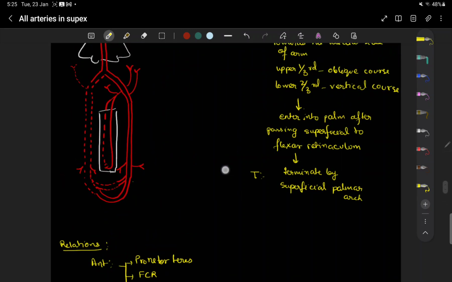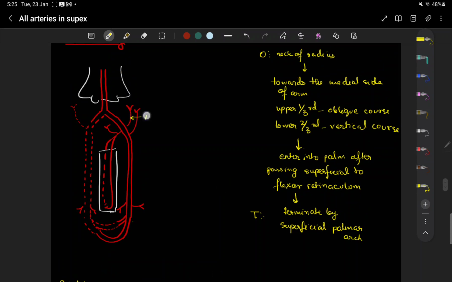Okay. Next we'll talk about the branches. Branches we would have the anterior and the posterior ulnar collateral artery.